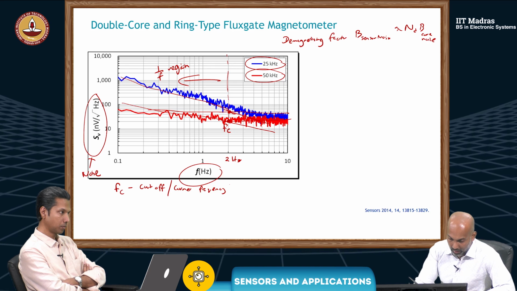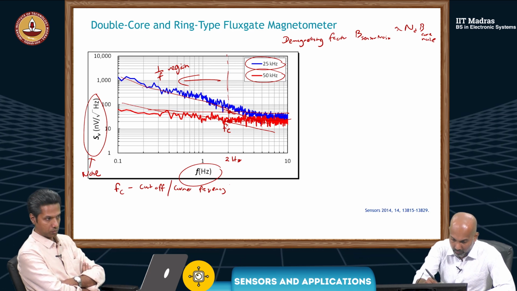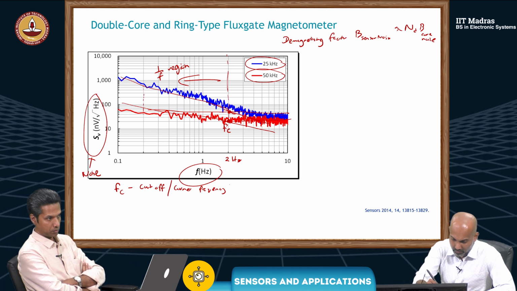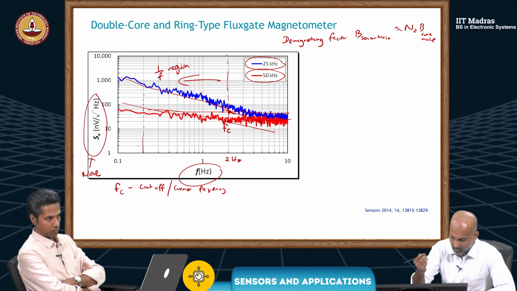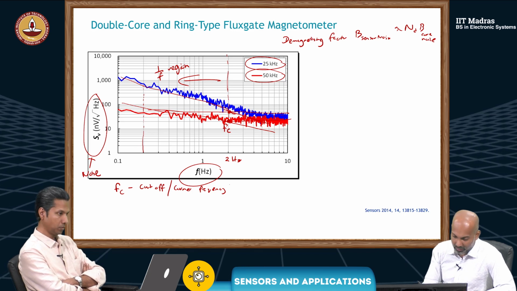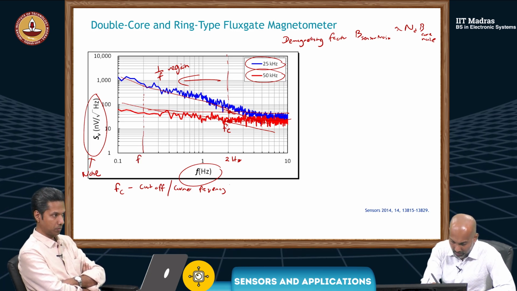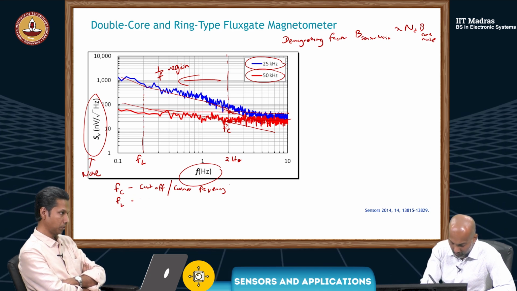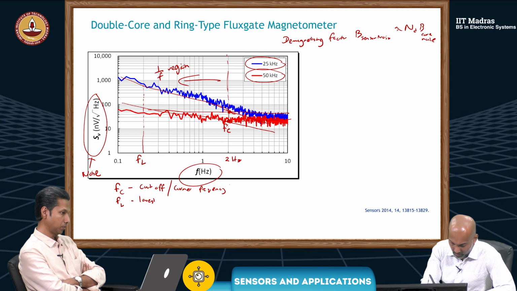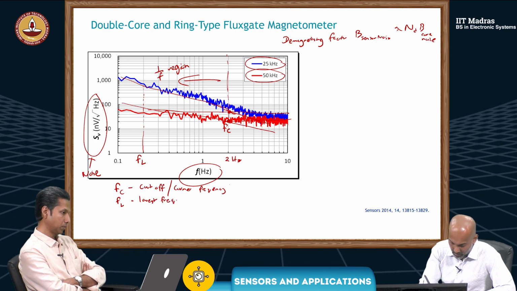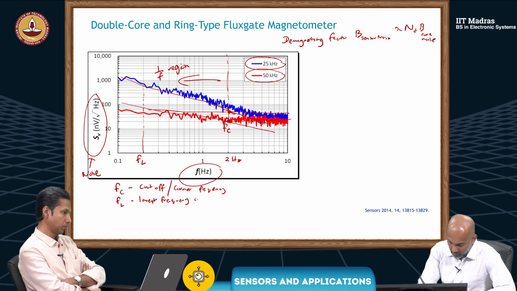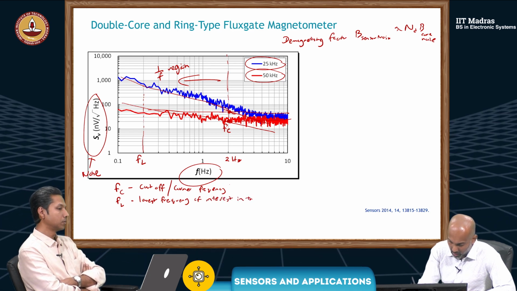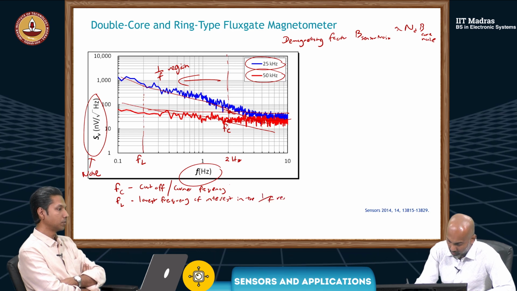Now, let's say you are measuring from here. You can measure from anywhere you like, and this is called FL, the lowest frequency of interest in the 1/f region.